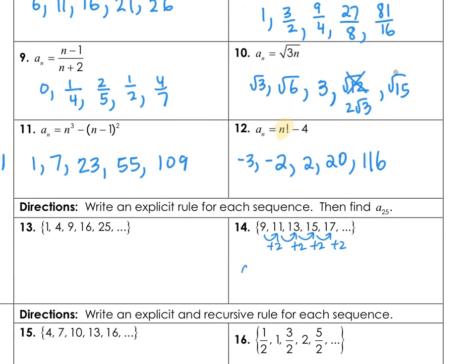Let me show you. Whenever they're adding the same thing each time, and we'll get more into this in the next lesson, you put the number you start with. So we're starting with 9, and then we're adding 2, and it's always going to be n minus 1 times. Because notice, once you do the first term, the second term, you only added 2 once.